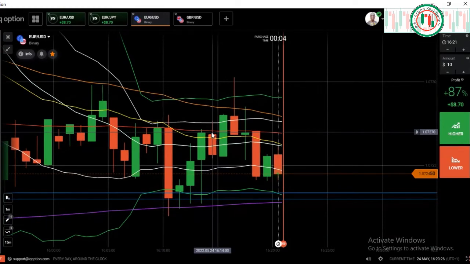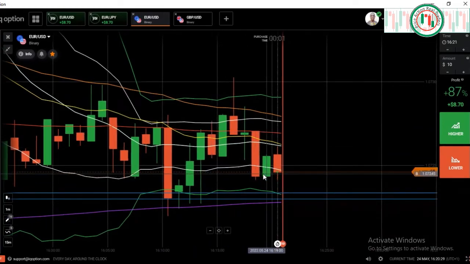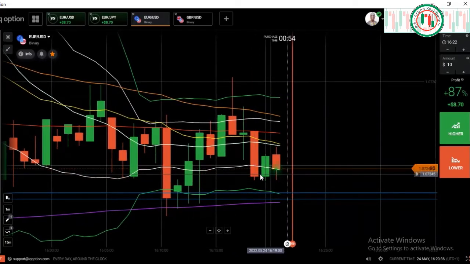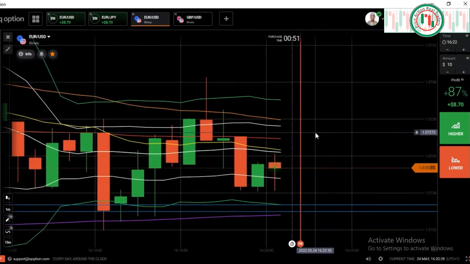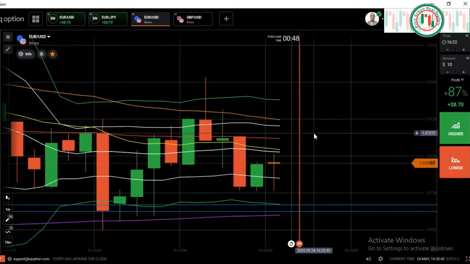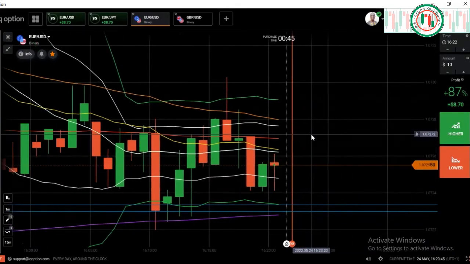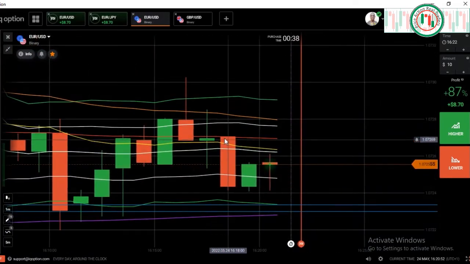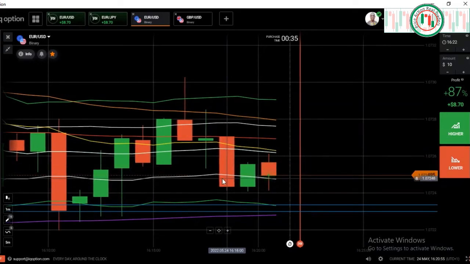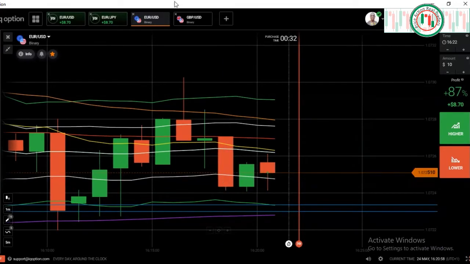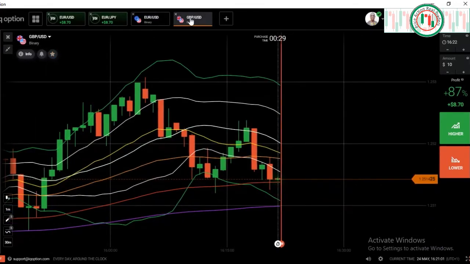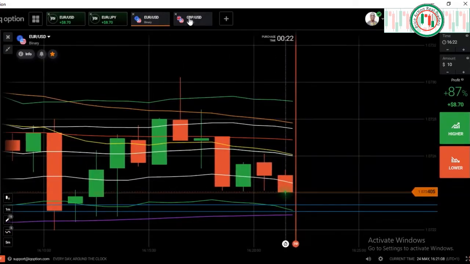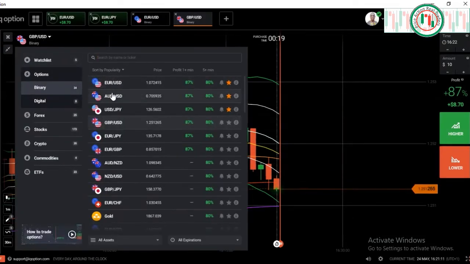Here is another engulfing. You see here is engulfing. So let me check. No opportunity here.